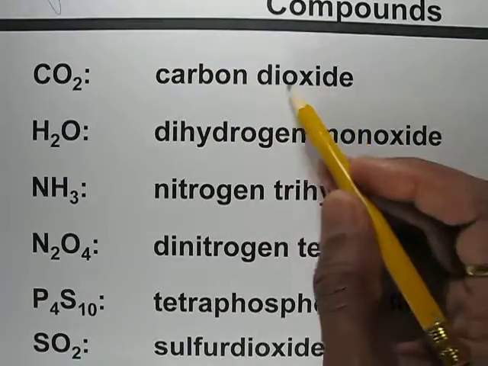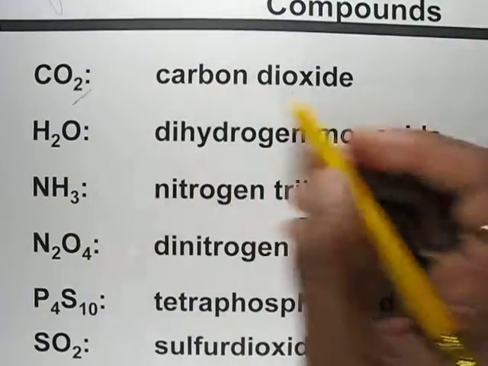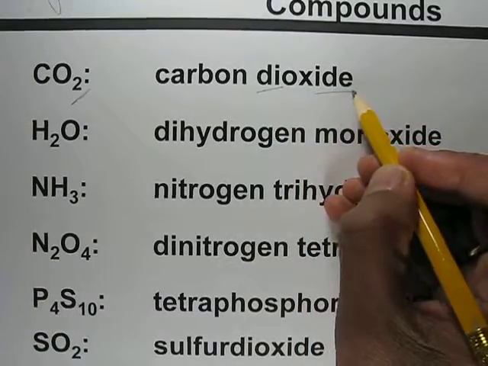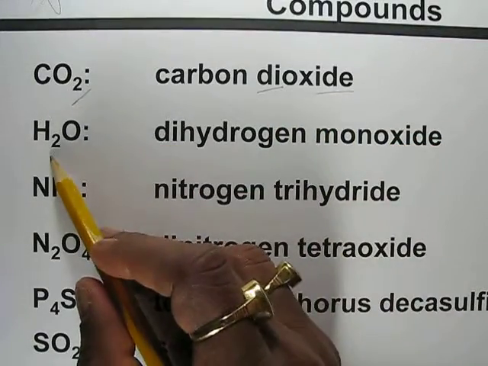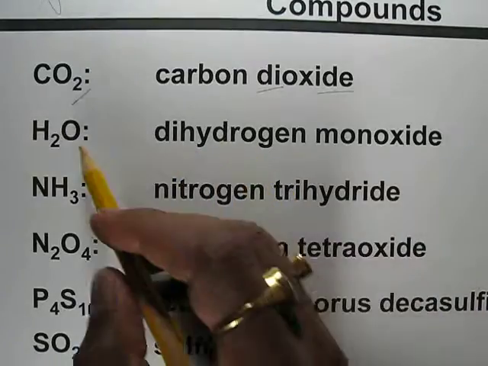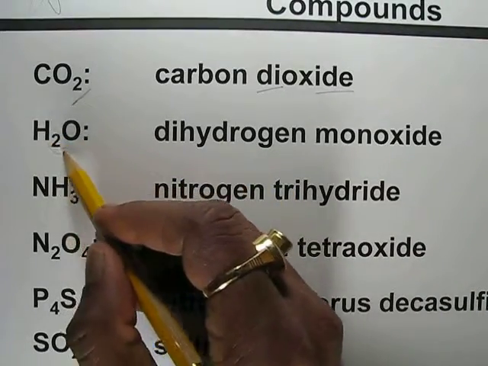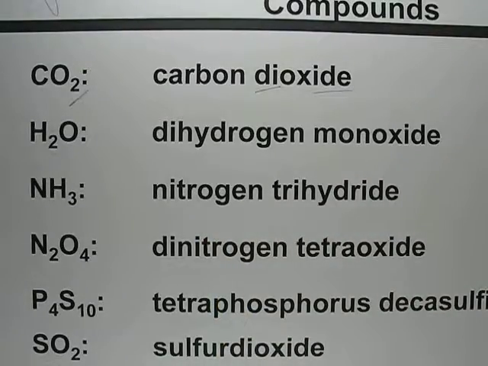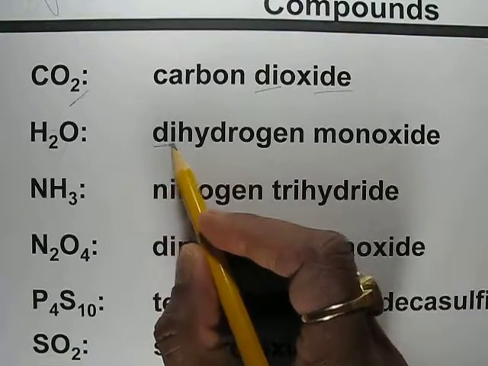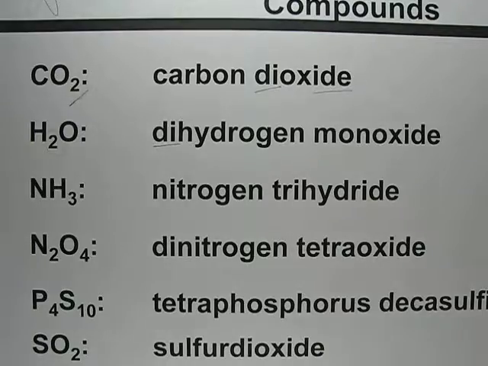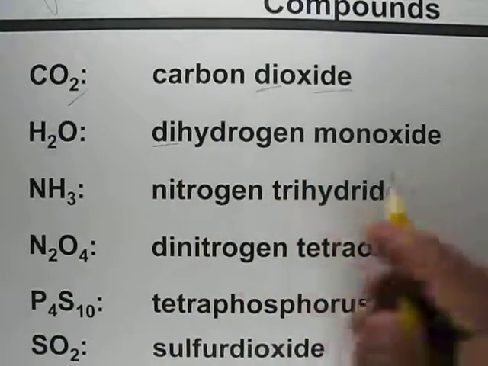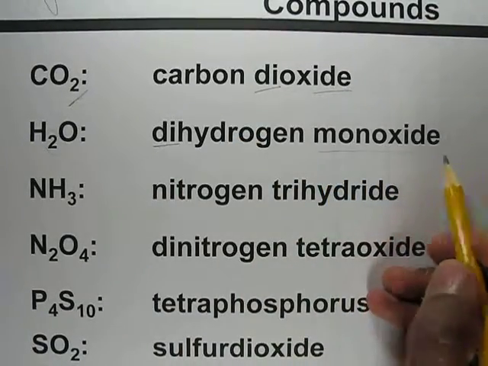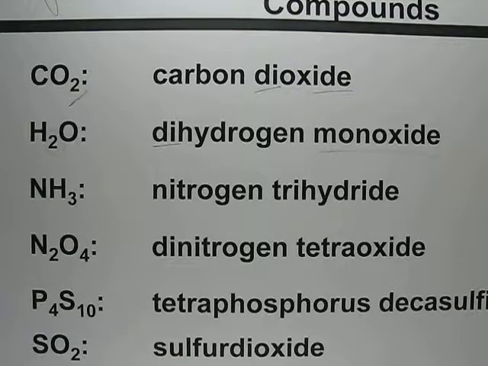So carbon, then di for the 2, and then oxide for oxygen. Next, hydrogen first, but now the subscript is 2, meaning there are 2 hydrogens, so we use the prefix: dihydrogen monoxide.